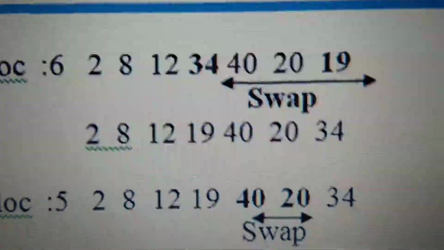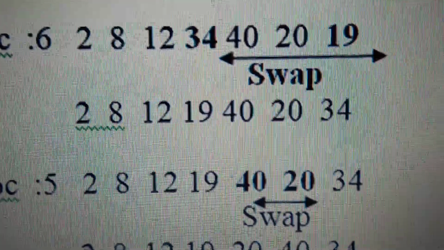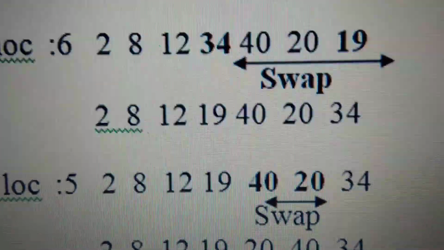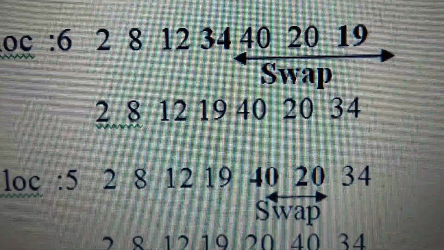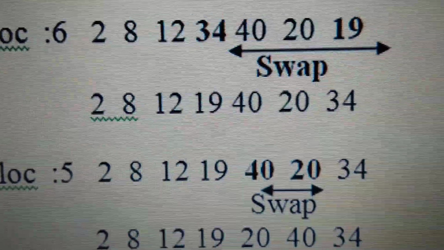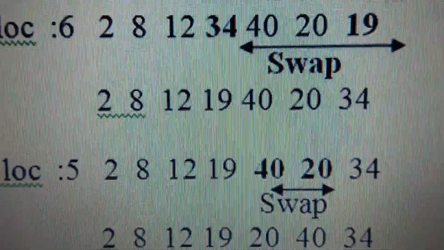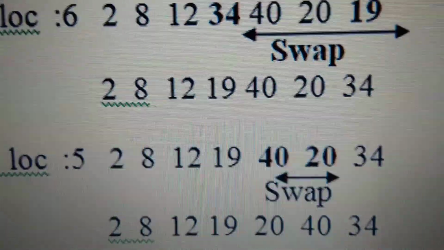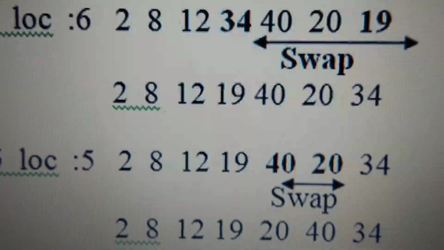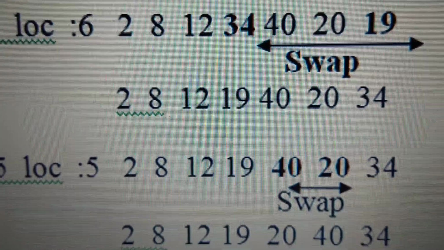From 34 to 19, what is the smallest value? 19. Now 19 is placed in the 34 location. These two have been swapped. Now 4 elements have been sorted: 2, 8, 12, 19. After the fourth pass is over, 4 elements in the list have been sorted.